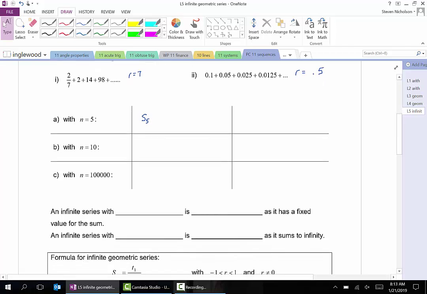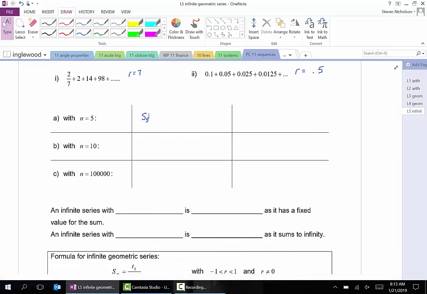So pause the video, use your first formula where you know n, and figure out what is S of 5, what is S of 10, what is S of 100,000. Probably need your calculators for those ones. And then after you've calculated those, let's see what we see.